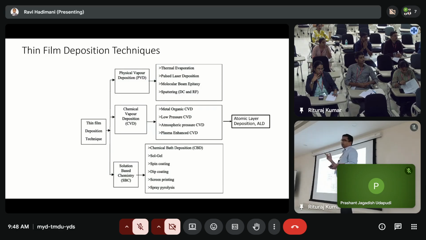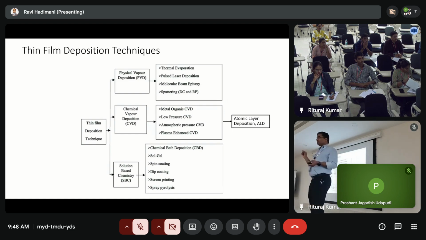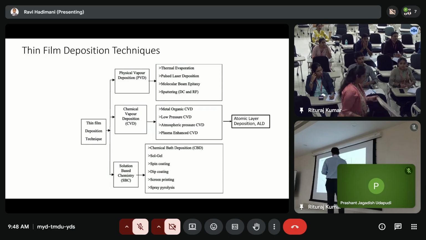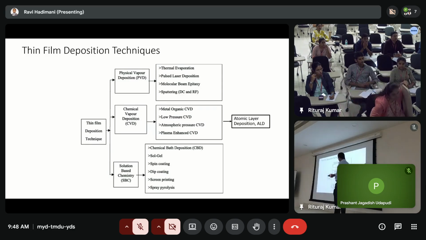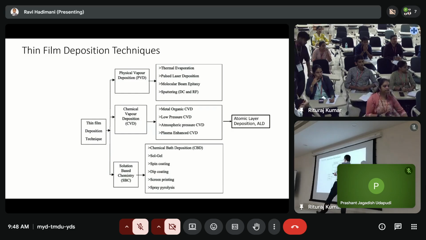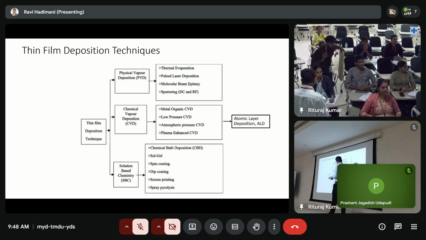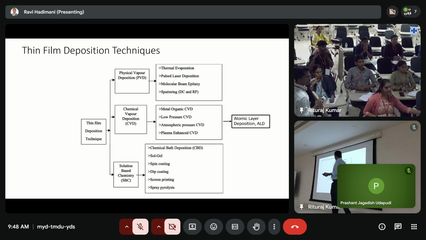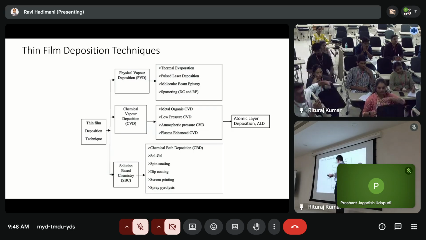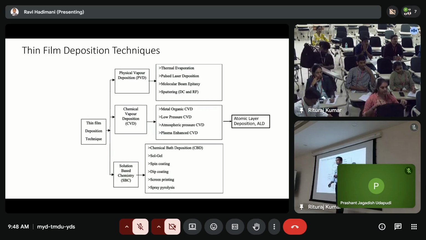And the faster you spin, the thinner you get. Again, the relationship between thickness and speed depends on which material you are using. But thin film fabrication can be mainly divided into physical vapor deposition, chemical vapor deposition, and then solution based techniques.